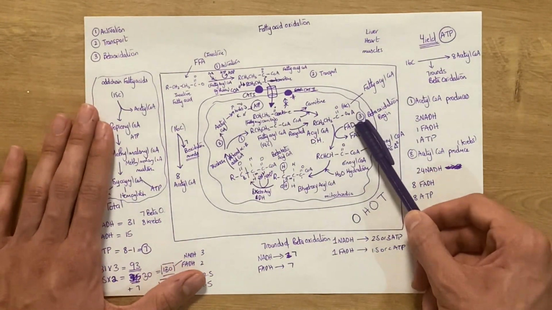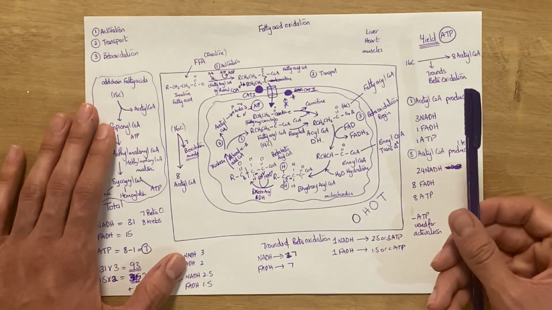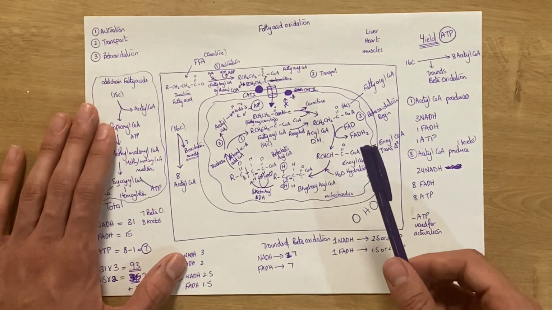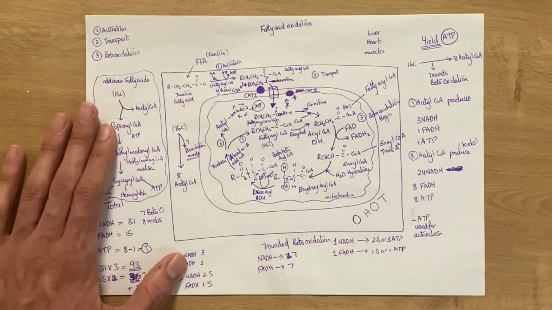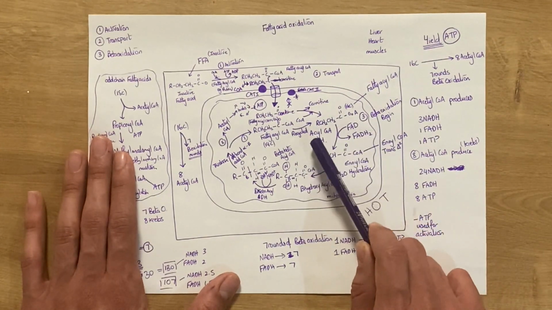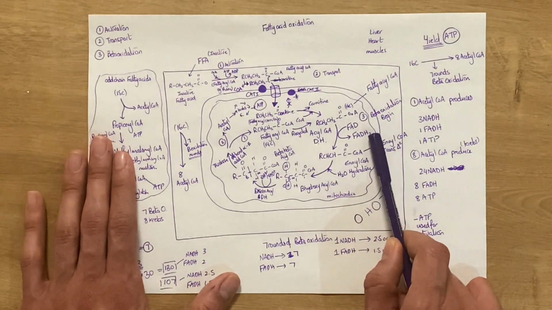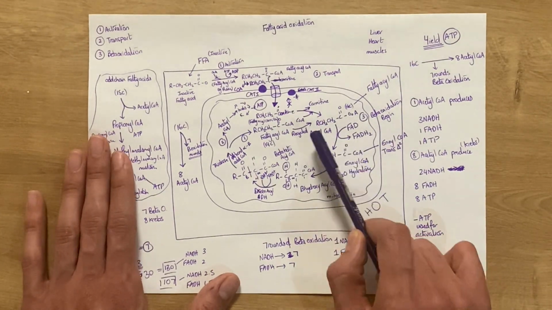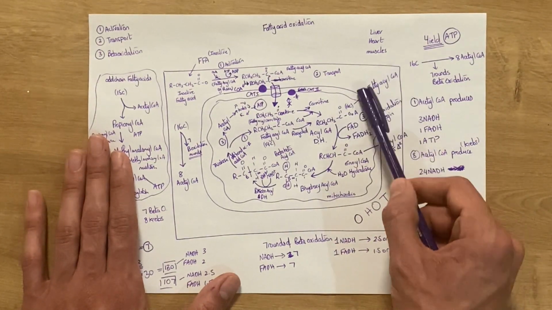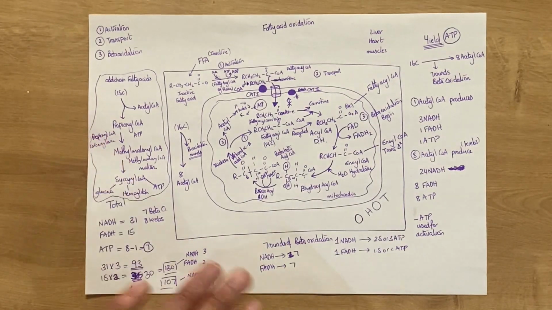FAD is converted into FADH2 under the effect of acyl CoA dehydrogenase. Whenever you see an H2, of course, there's a dehydrogenase. Acyl CoA, we're just talking about the fatty acyl CoA, so acyl CoA dehydrogenase. That's the first one.